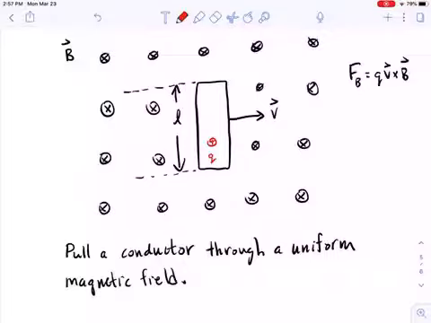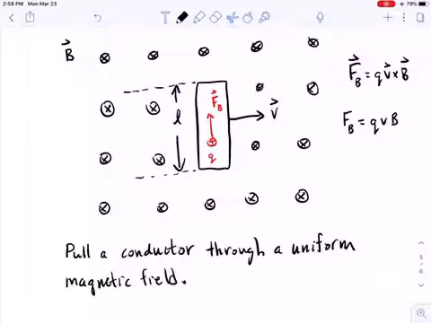We curl our fingers into the screen in the direction of the magnetic field, and our thumb points up. So there's a magnetic force on our charge. This is a vector equation; for the magnitude, because the magnetic field and the velocity are perpendicular, we get the sine of 90, which is just a 1, and so the magnitude of this force is QvB.